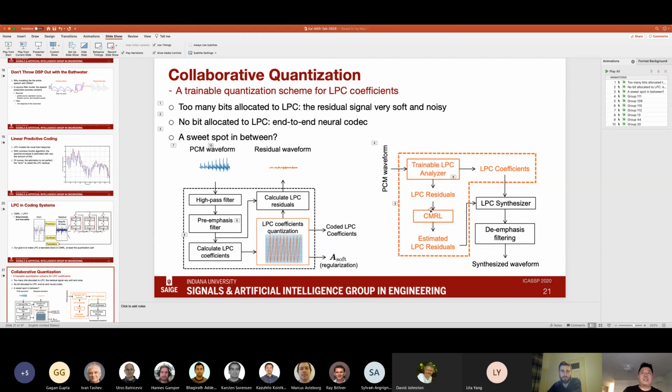The output of the CMRL is the LPC residual, which is this very soft wave in orange color. This, along with the coefficients, will be used to synthesize the speech. So the output of the CMRL part is the residual.